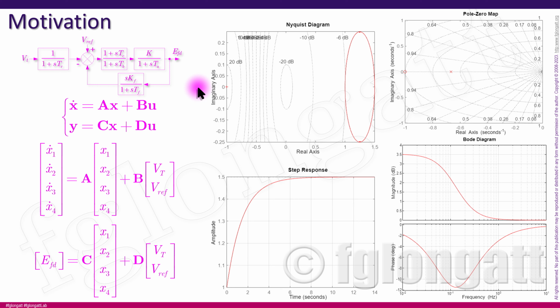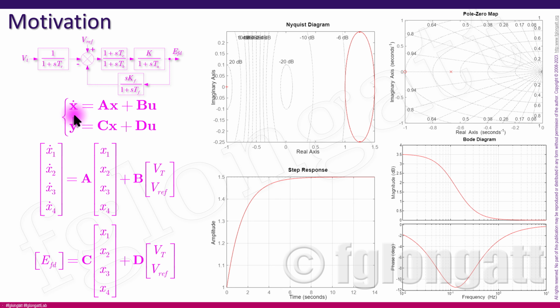If you remember the previous videos, I was talking about this very simple AVR, automatic voltage regulator. In the previous video, I created the state space representation, which is basically a set of differential algebraic equations.